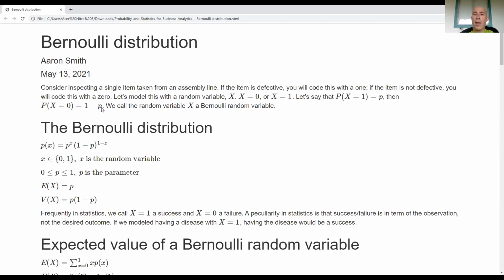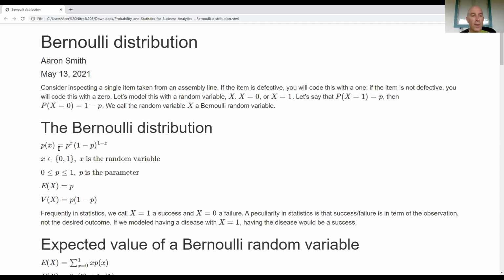Let's look at the probability density function for a Bernoulli random variable. The probability of an event is going to be P to the power of the value x, times 1 minus P to the power of 1 minus the value x. What's going on here?